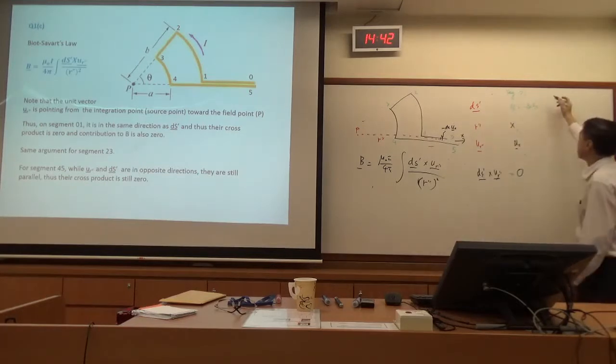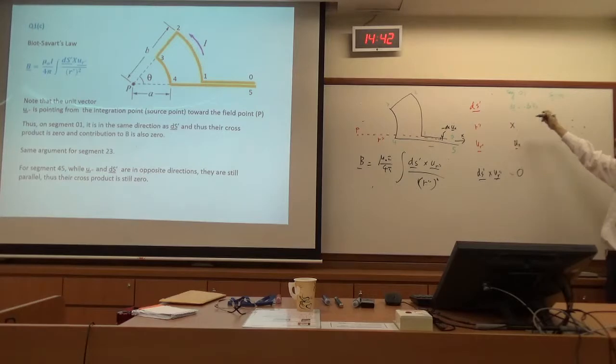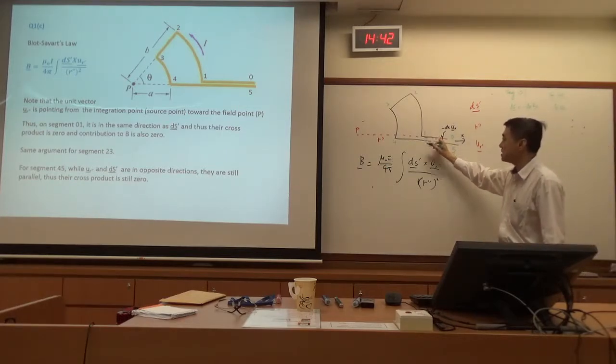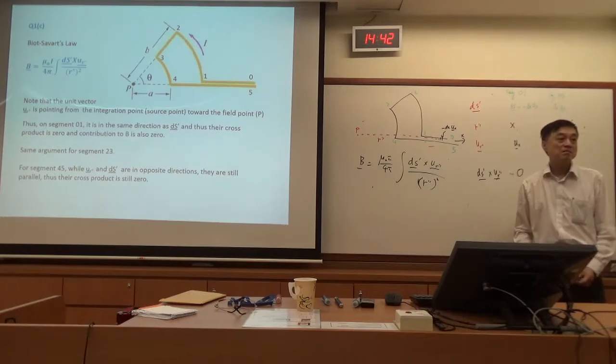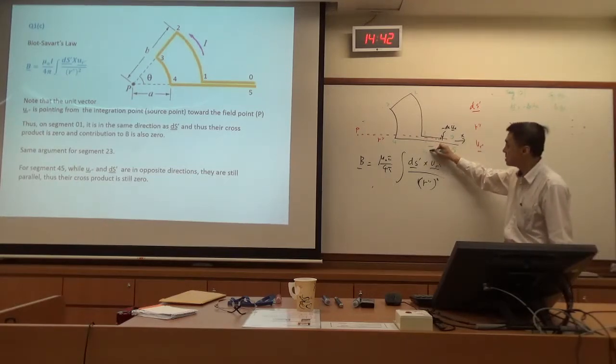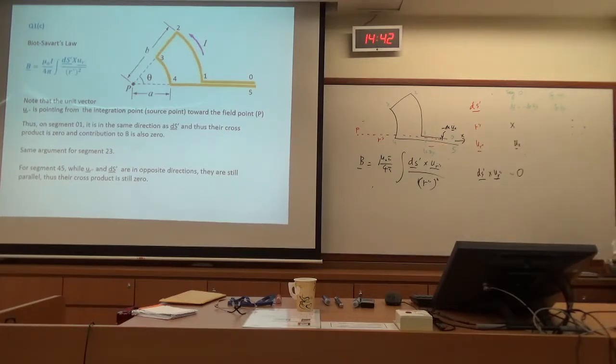Now, then what happens to segment 4, 5? For segment 4, 5, ds prime is equal to dx ux. If this is like this here, this element is dx ux. R double prime is x.